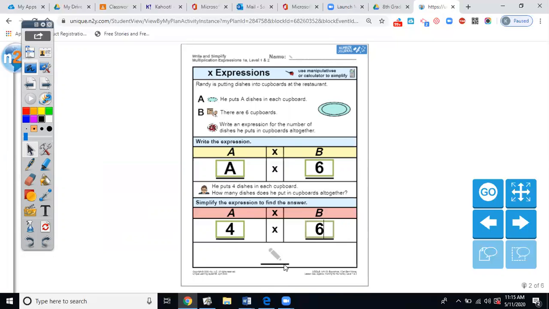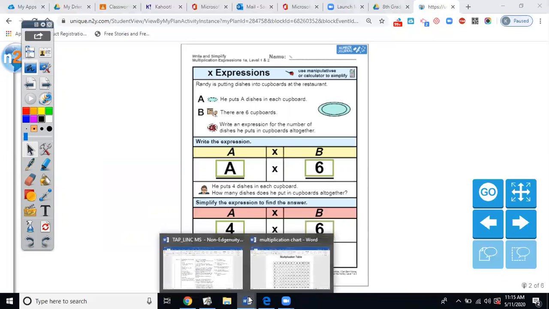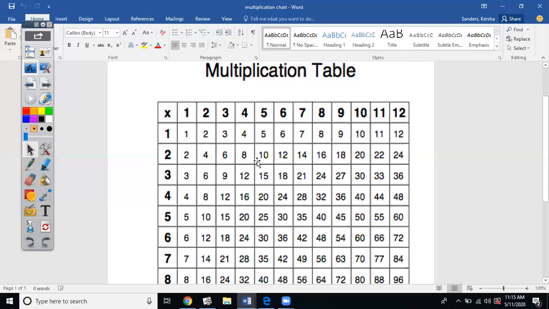4 times 6. Let's go to our multiplication table here. Okay, 4 times 6. Let's go straight down until we see the 6, and let's go across.